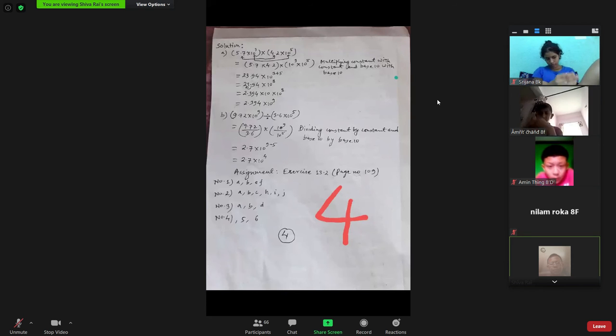If it was minus, it becomes plus. But in the denominator there is no minus, the power 5 is plus, so just subtract 9 minus 5. Finally we get 2.7 into 10 to the power 4, since 9 minus 5 is 4.